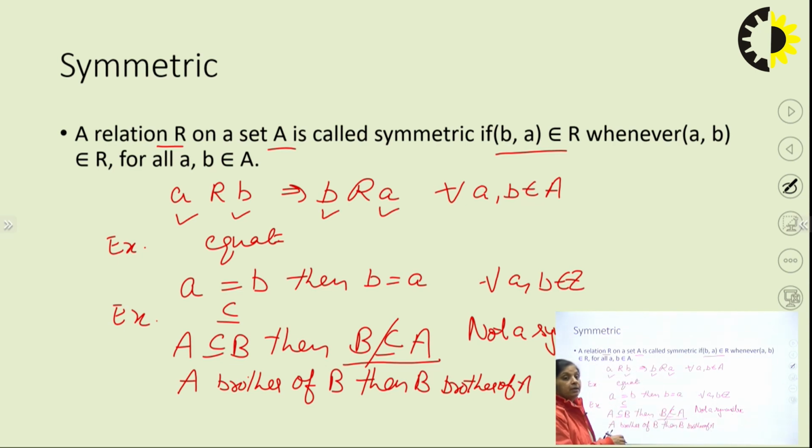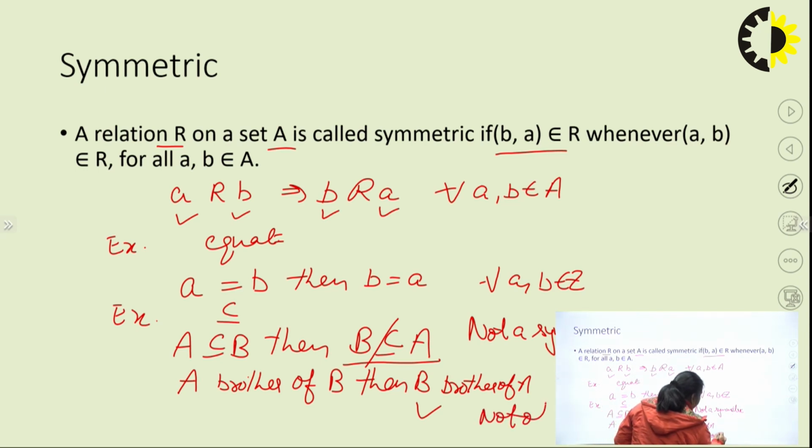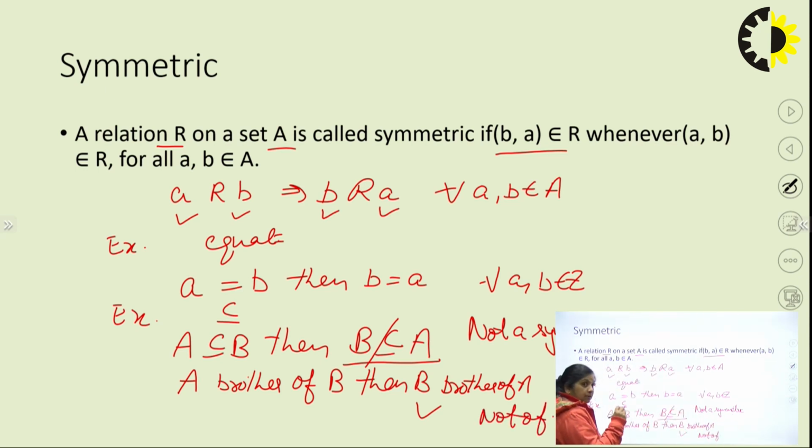If we do not take only the set of boys, but boys or girls, and we say A is brother of B, then the reverse may or may not be true, because we are taking girls as well as boys. Maybe the reverse relation is sister. So in that case it will not be a symmetric relation. And if we take the set of boys, then this is a symmetric relation.